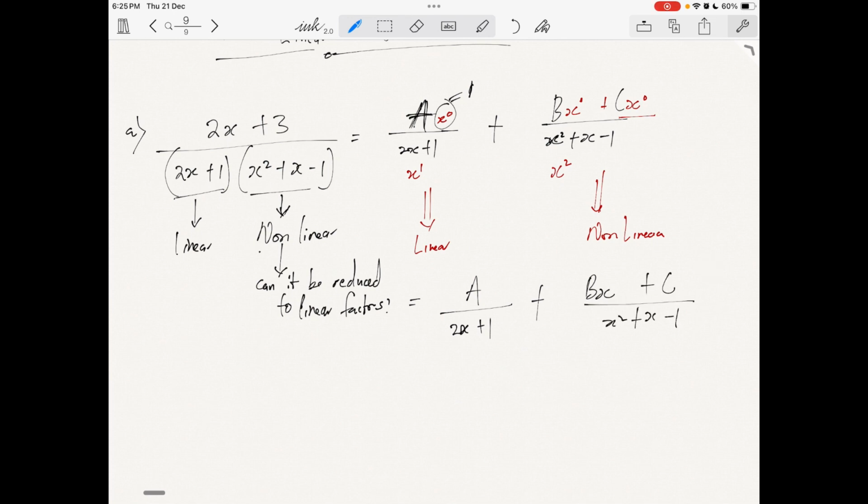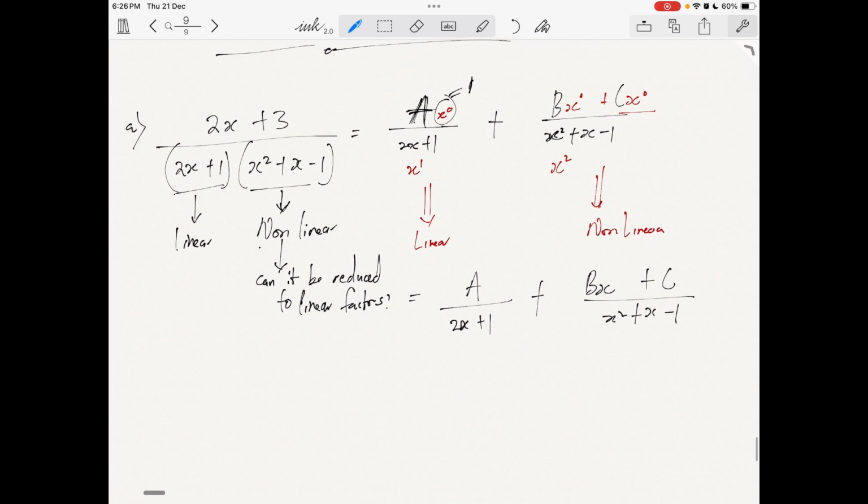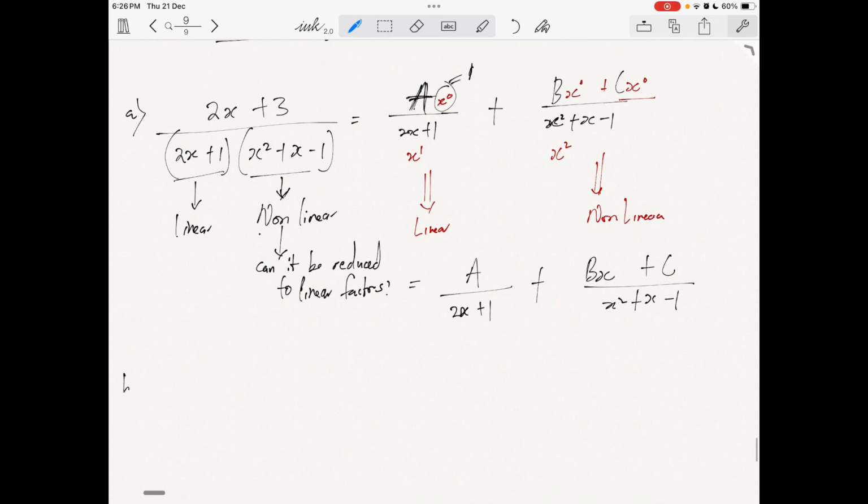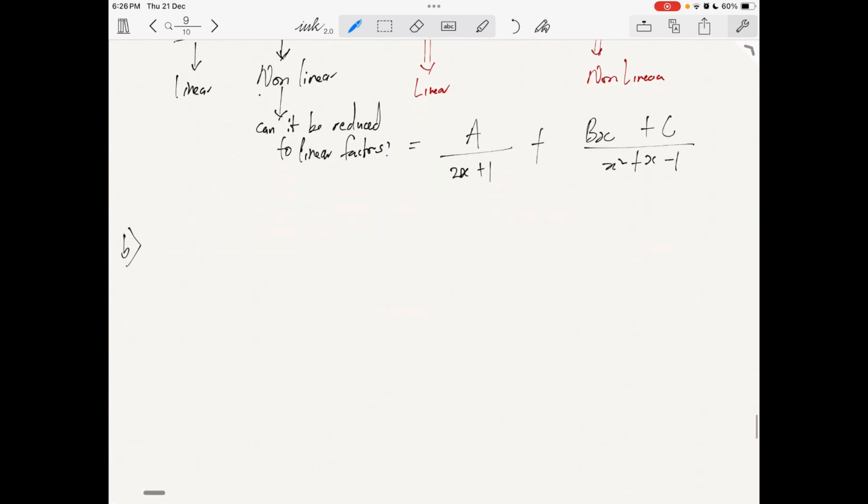Let's take another example so that we will understand better. Let's see this B. We don't want to complicate things, so let's take it bit by bit: 2x minus 1 over (2x squared plus 3)(x squared plus 4). Now let's look at the denominator.